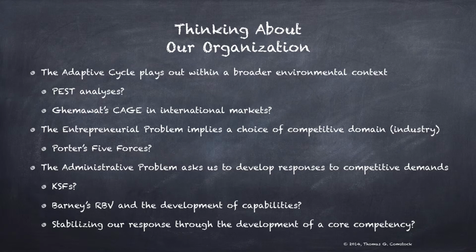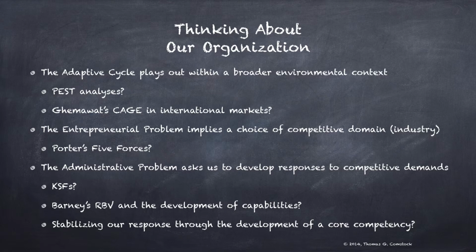That administrative problem, well, that's the idea of, in a given industry or domain, are there certain things we must be able to do? Does the environment demand certain things in our engineering solution? Key success factors is a term we often bump into, and that allows us to begin to think about what is it inside the firm that allows us to best solve those requirements of the environment, those key success factors.